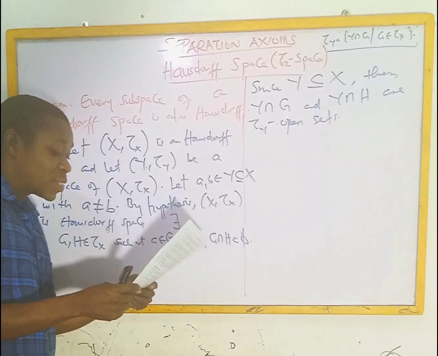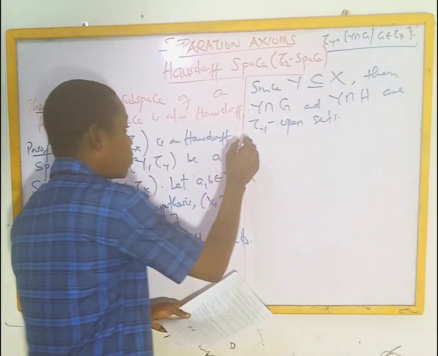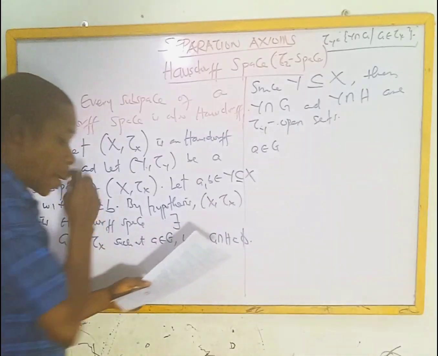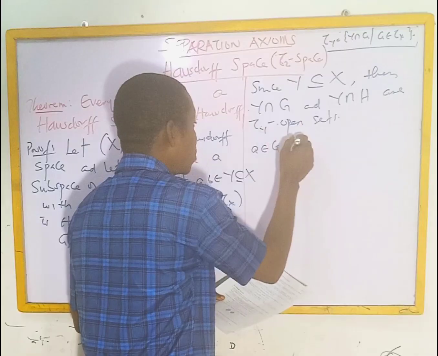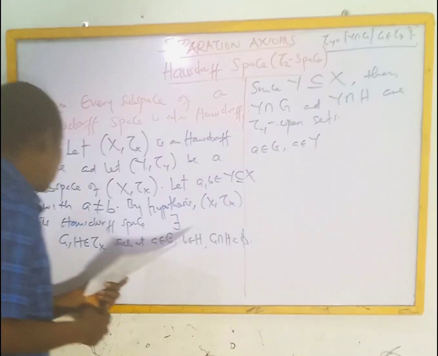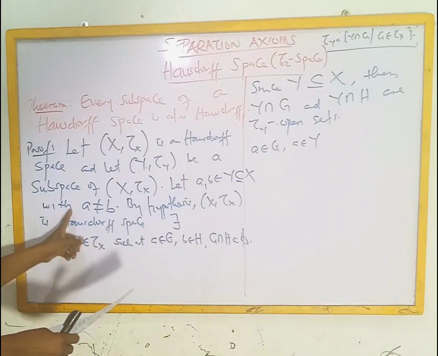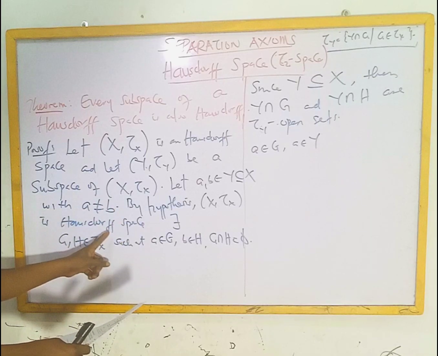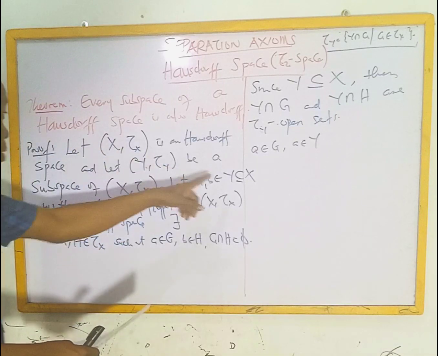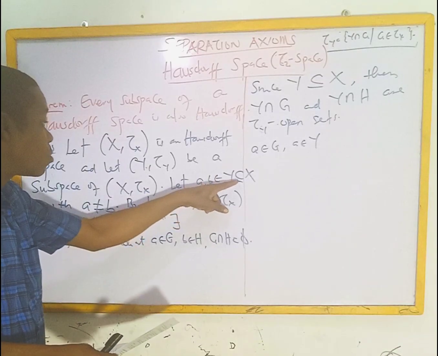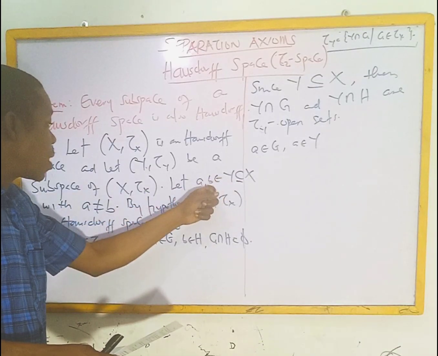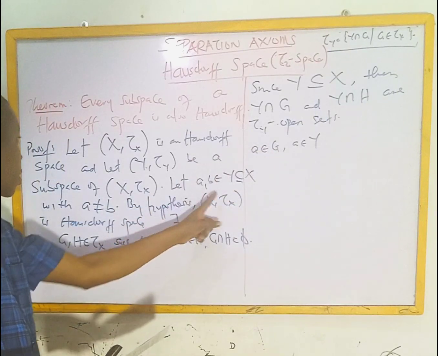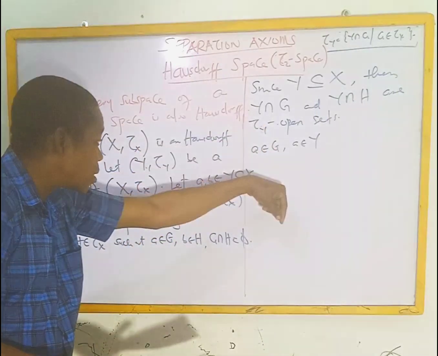Since a is in G, then a is also in Y. I said let a and b be elements in Y. So when you are picking a, b in Y, definitely a is in G, because it is part of the open set we are having.